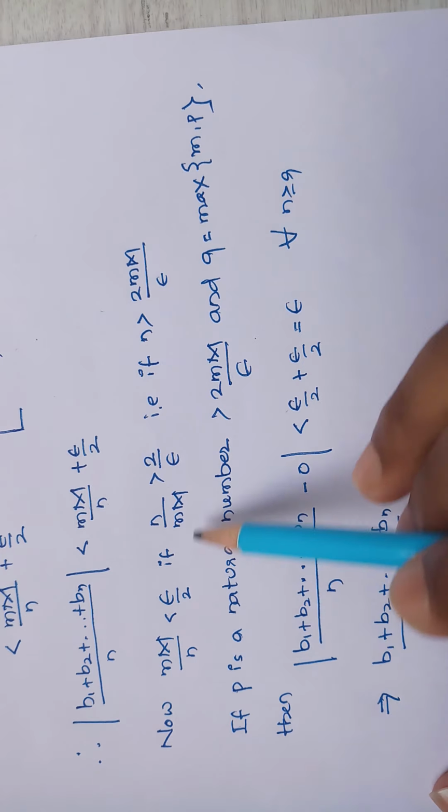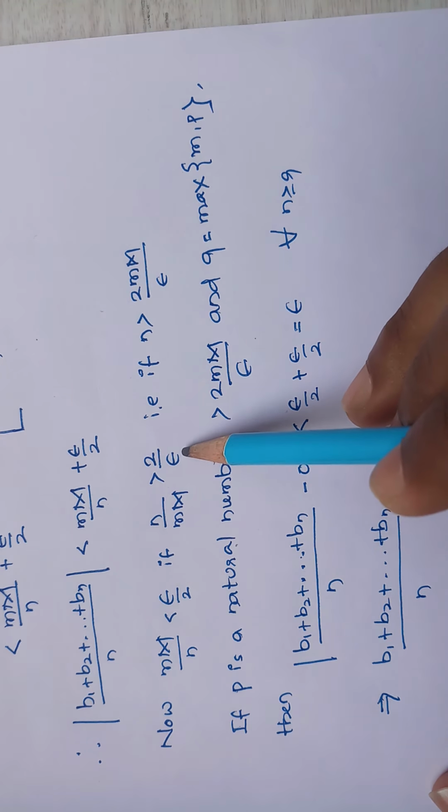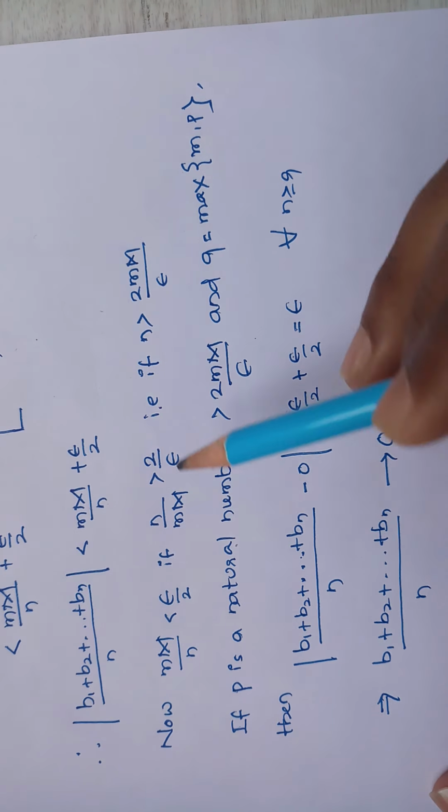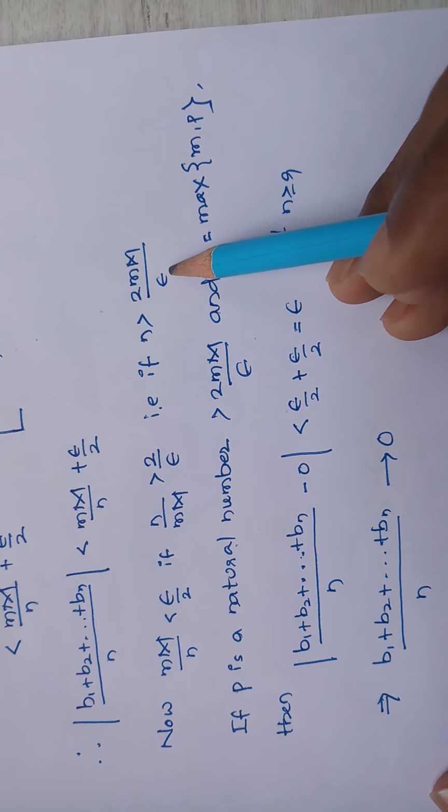Now m into M divided by n is less than epsilon by 2 if n divided by m into M is greater than 2 by epsilon. That implies that n is greater than 2 times m into M divided by epsilon.